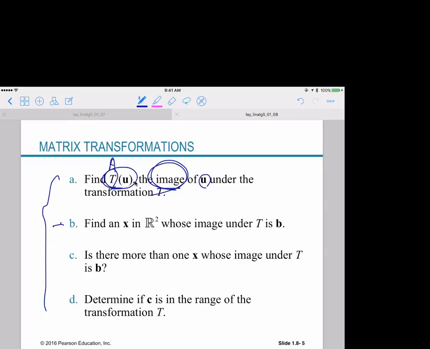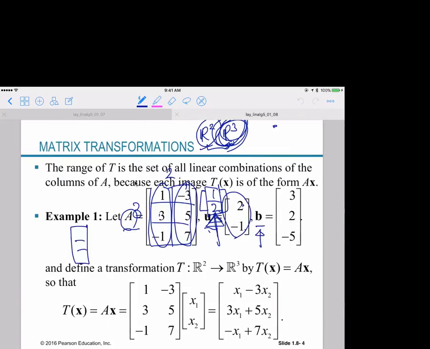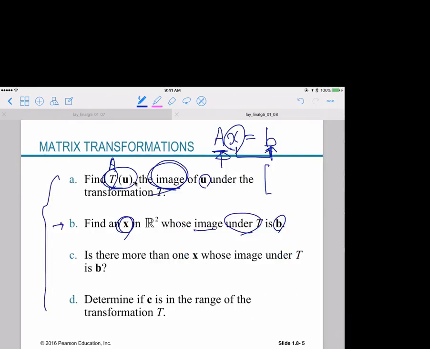Okay, then the second question is a little bit difficult. Find an X whose image under our transformation is B. So it means A times X equals B. We don't know the vector X, but we know its image after transforming it through matrix A. That vector B is known as [3, 2, -5].